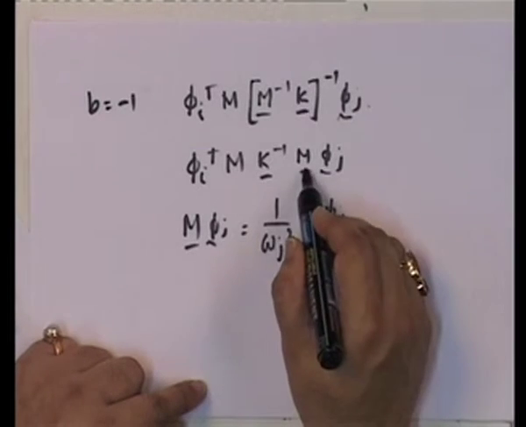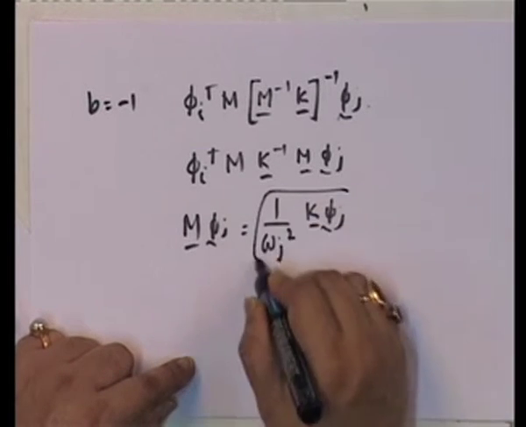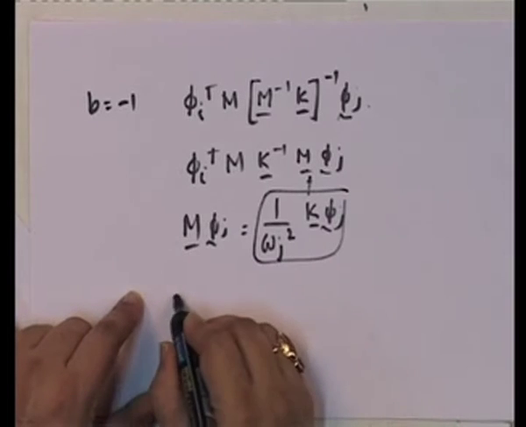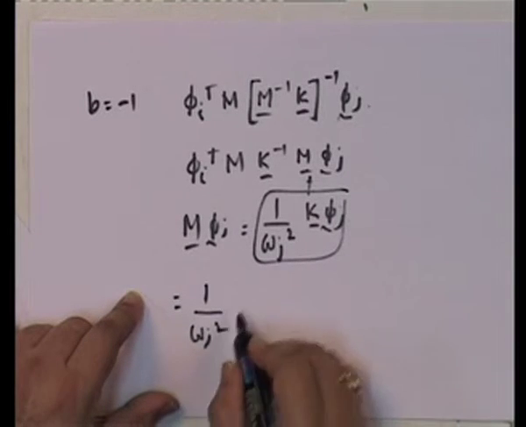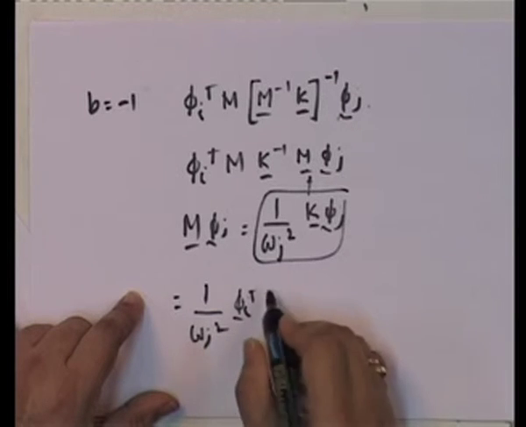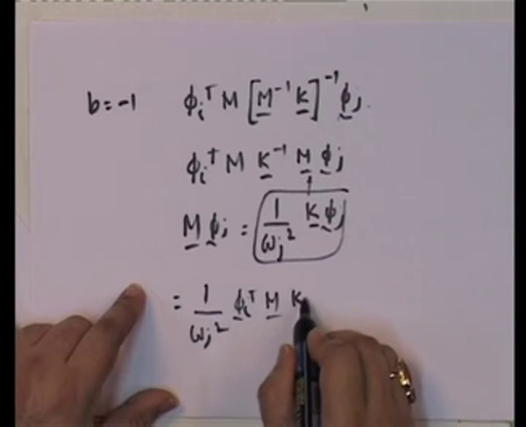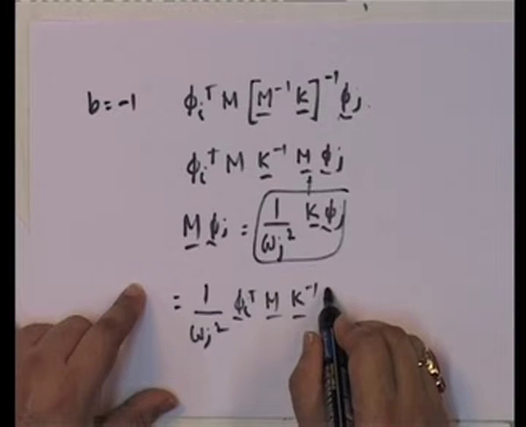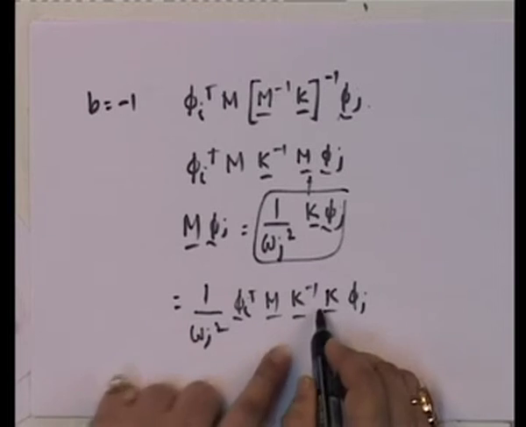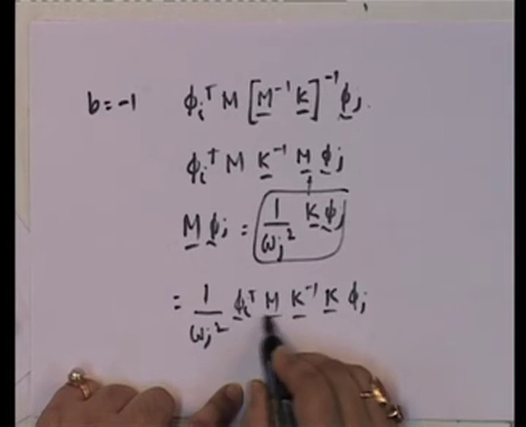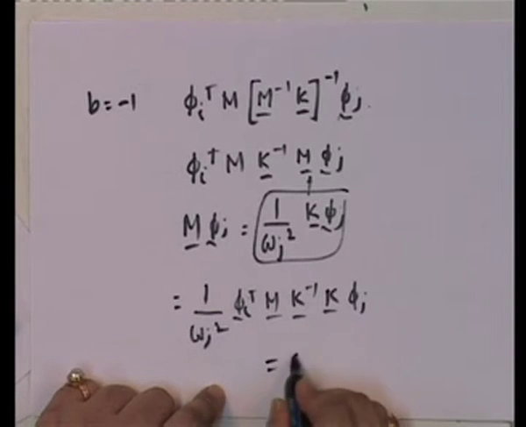So, I can plug this in here, and this will become 1 upon omega j squared phi I transpose M k inverse into k phi j. Note that k inverse is basically I. So, this becomes M into I 0.